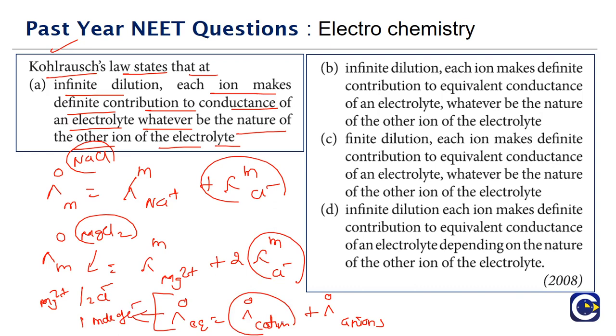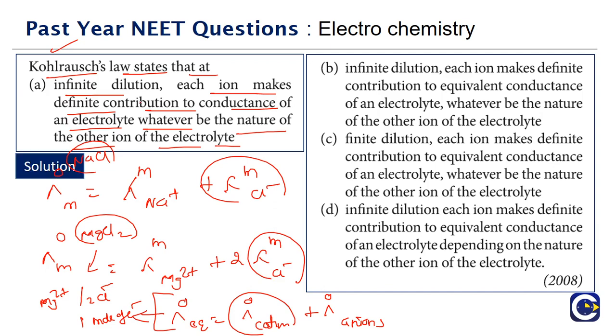So cation side will have substance which is equal to exactly 1 equivalent. Anion side also will have substance which is equal to 1 equivalent. So equivalent conductivity of any electrolyte is equal to the equivalent conductivity of the cations plus equivalent conductivity of the anions. So whether we talk about the molar conductivity or equivalent conductivity, what we are saying is each ion is going to make definite contribution for the conductance when we talk about the infinite dilution.